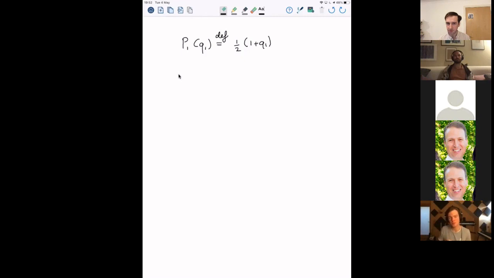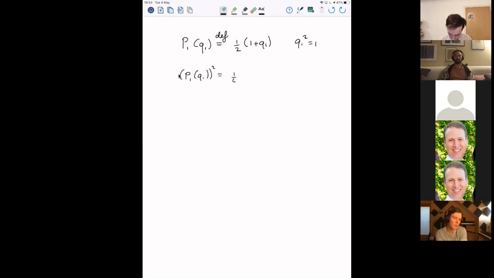Let's just treat this as a new descriptor, a new observable, and we can ask the same questions that we asked before. For example, what is the algebra of this descriptor? Well, we know that Q1 squared is 1, and we can now ask, what is P1 squared?